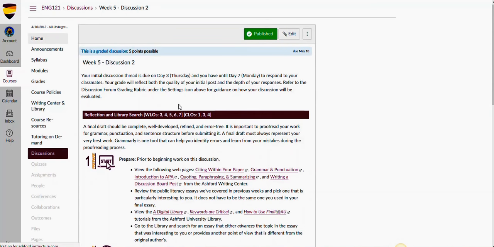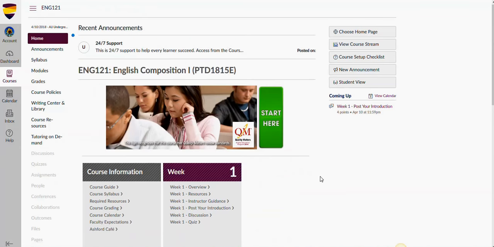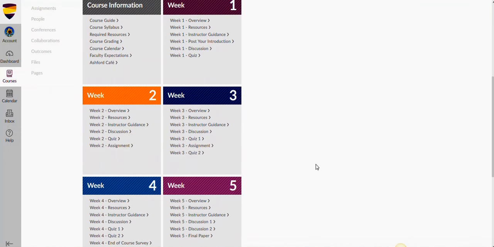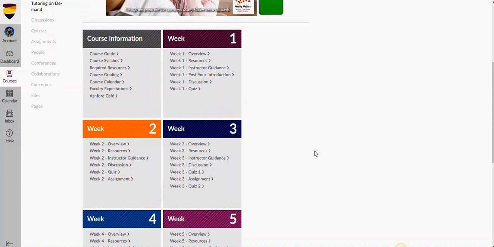Let's see, what else am I missing? I think that's about it. I don't want to take up too much of your time going through and clicking through all of this because that's something that you can go through on your own. But just know the overview of the course is writing as a process. Each week is the theme of those parts of the writing process: brainstorming, outlining, revising, drafting, revising, and research.